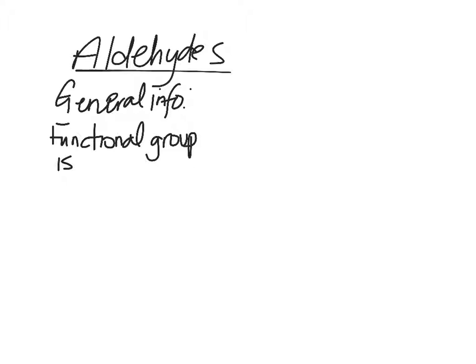Functional group is carbonyl, C double bond O, on an end carbon. Because it's always on the end, you don't have to put the number 1 on.